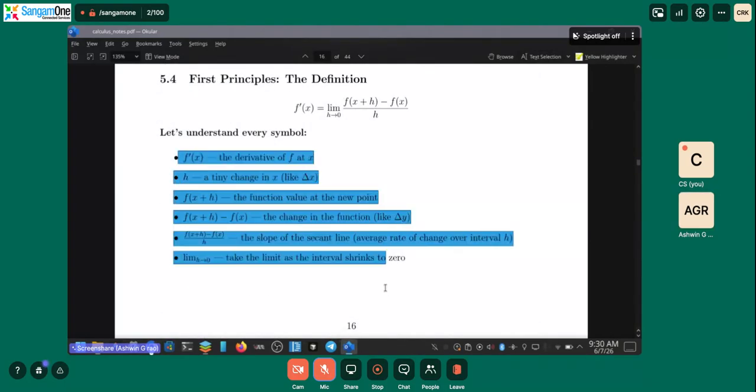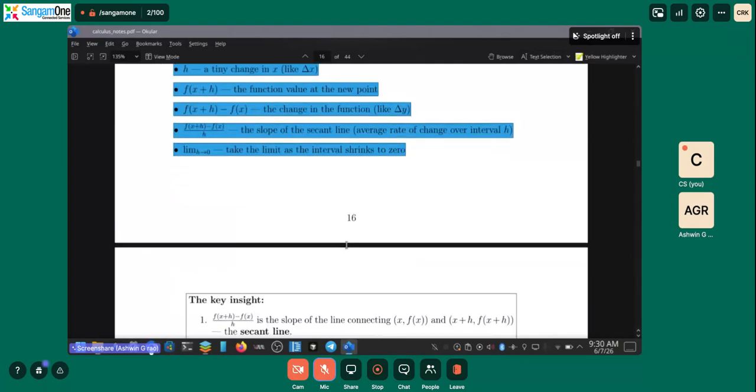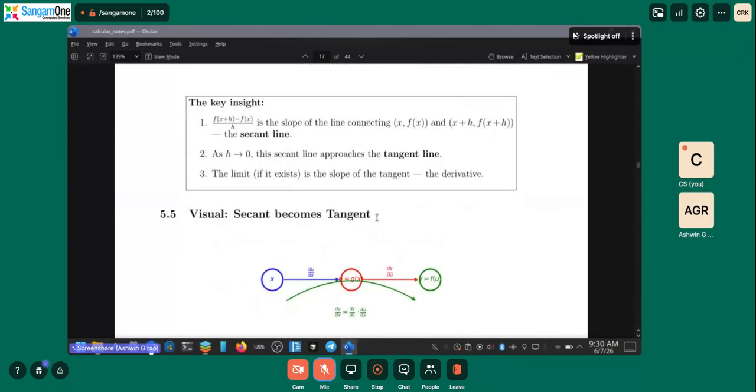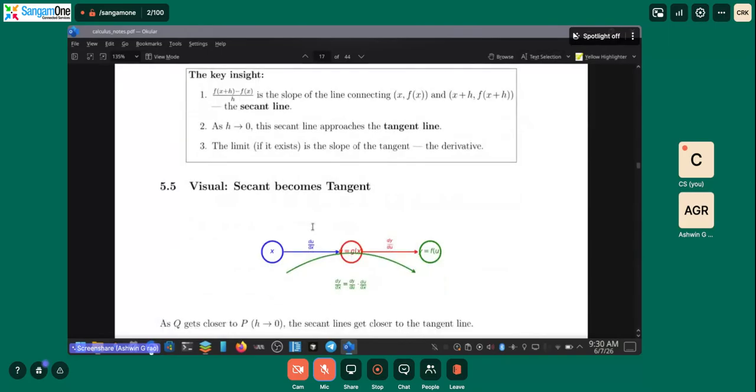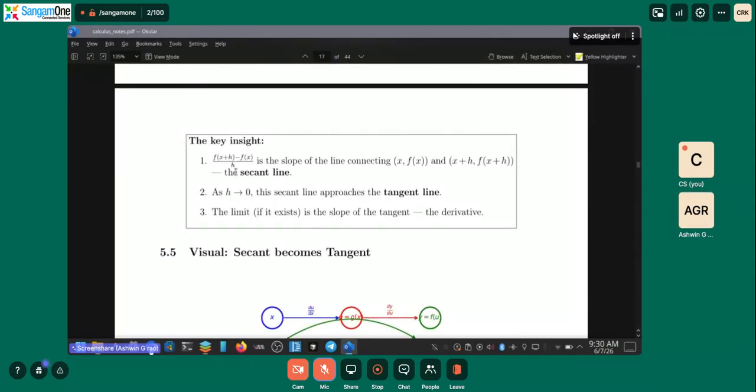These are the notations. The key insight is the slope of the connecting secant line. This secant line approaches the tangent line. The limit, if it exists, is the slope of that tangent, the derivative.